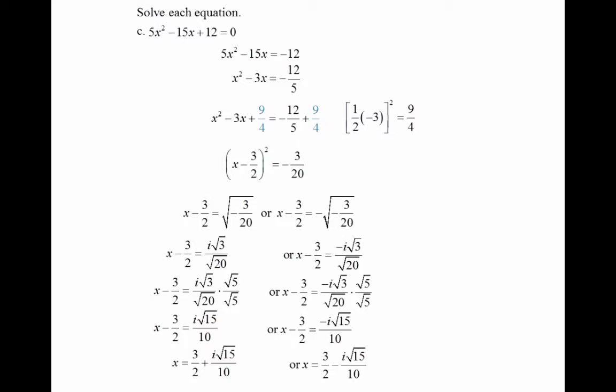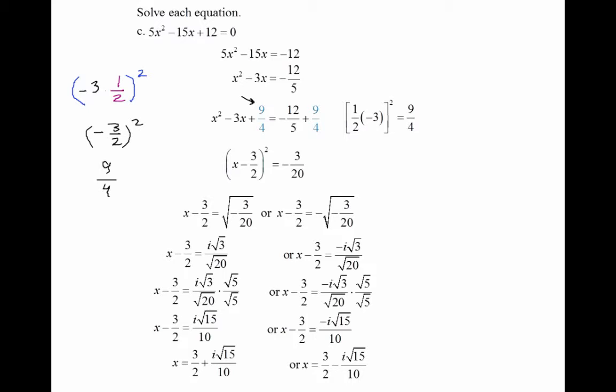So in this case, we take minus 3, and we multiply it by 1/2, or we divide it by 2, and then we square this whole thing. We always divide by 2 and square. So in this case, I would get negative 3/2. When I square this, I would get 9/4.